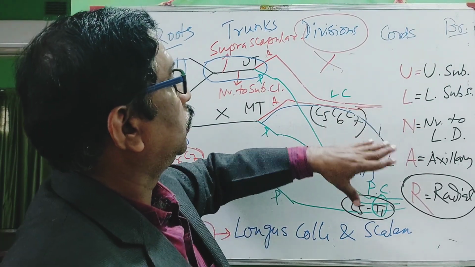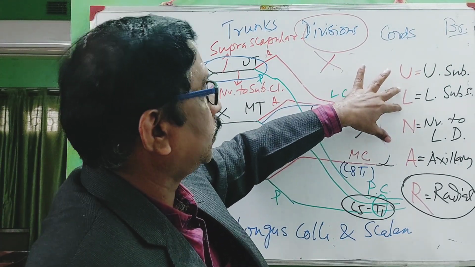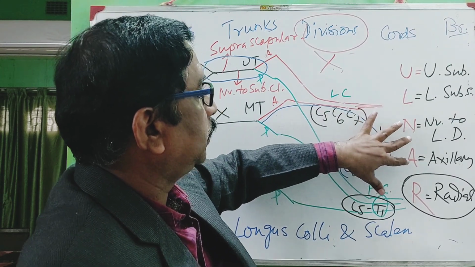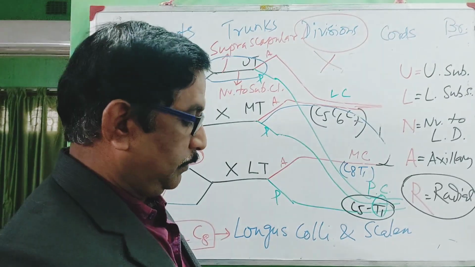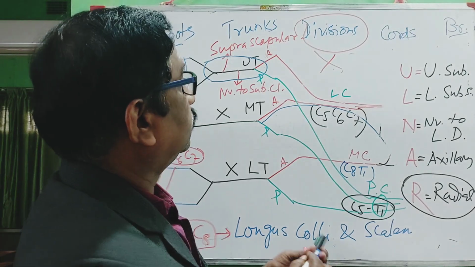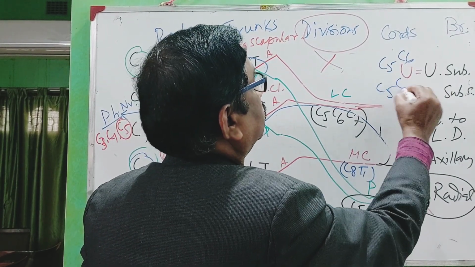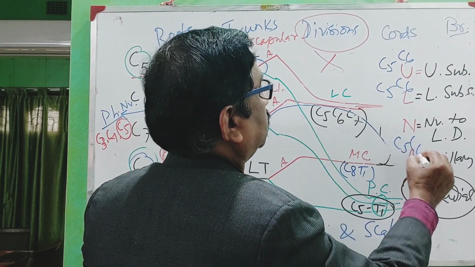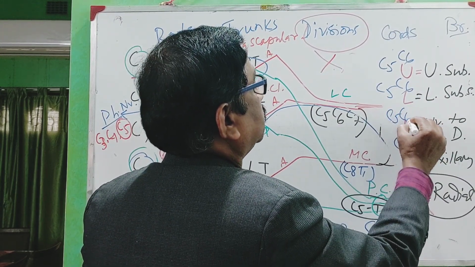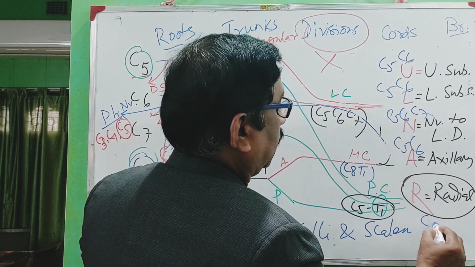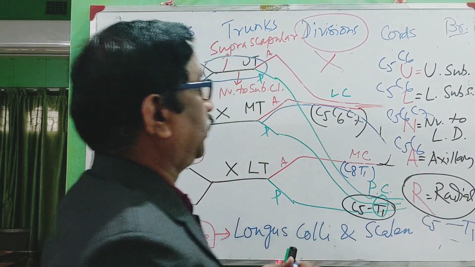How? Suppose the upper subscapular, lower subscapular and axillary nerves have the root value of C5 and C6, but the radial nerve has C5 to T1, all the components.